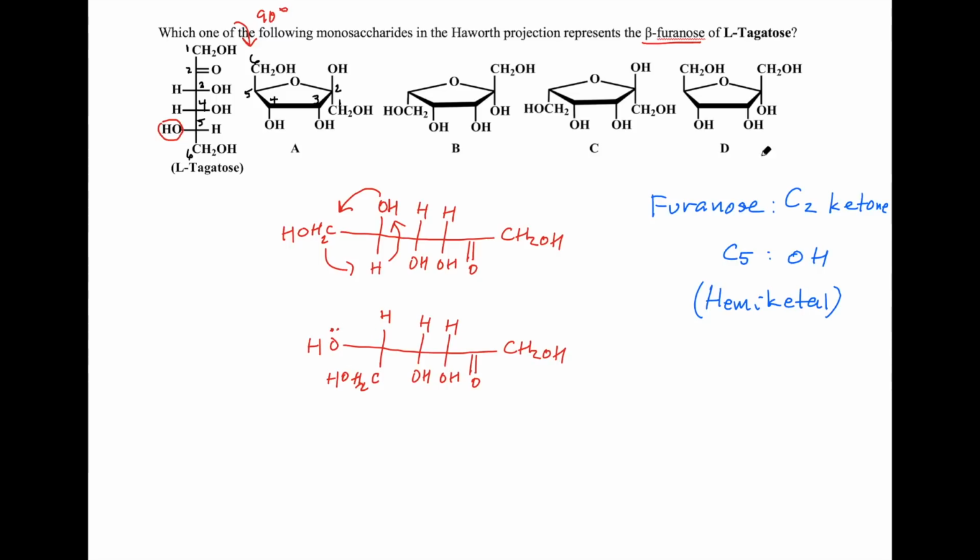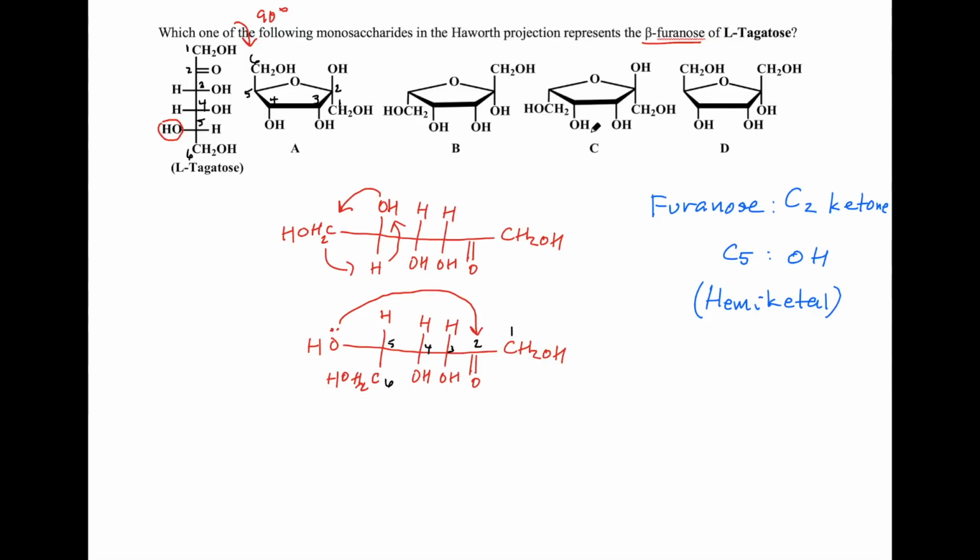Well, this is carbon number 5, remember? So if we number this, carbon number 1, 2, 3, 4, 5, and then 6, okay? What we do is we take the oxygens, so the lone pair from the OH at carbon number 5, we attack the ketone, carbon number 2, so that's a schematic for furanose.